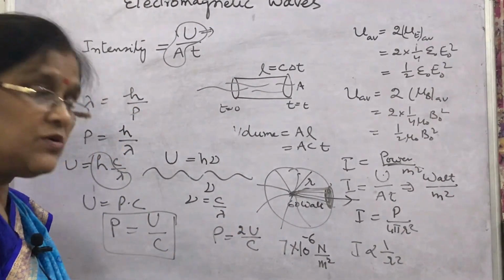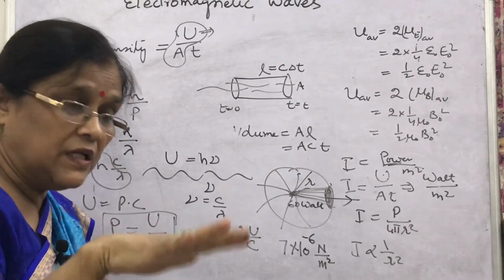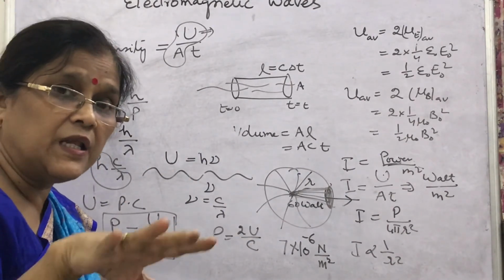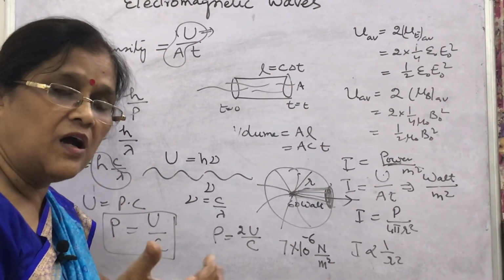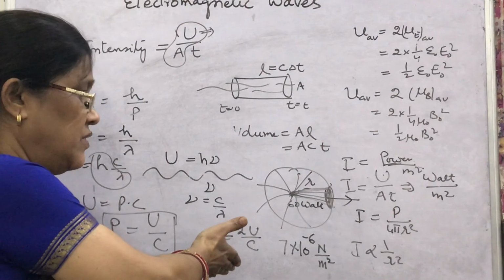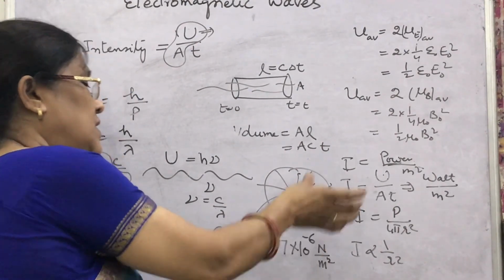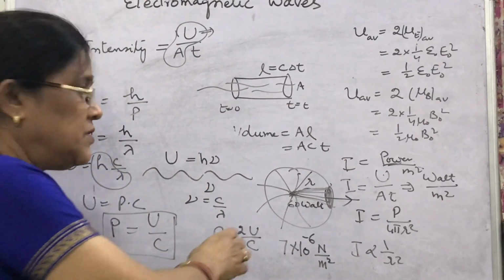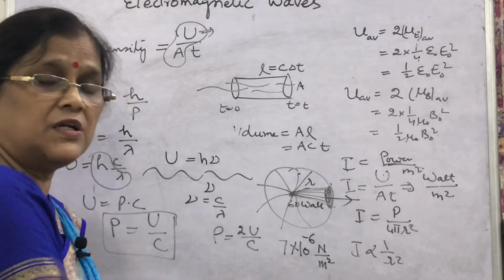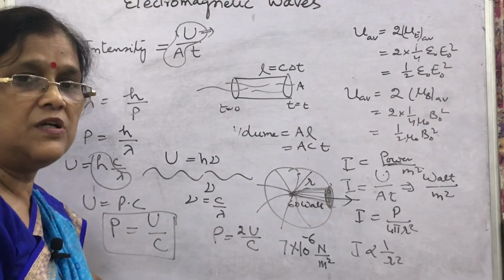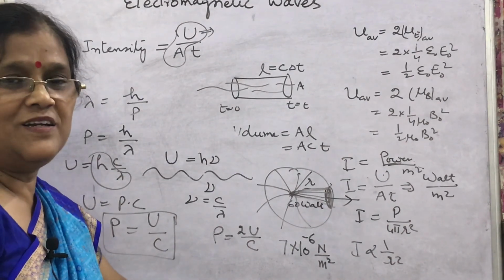So this question is also asked: do EM waves carry energy and momentum? What will you say? Yes. I have given in detail the energy of EM waves, the energy density of EM waves, what momentum is, and whether they exert radiation pressure. Yes. Now I hope you must have enjoyed. Thank you.